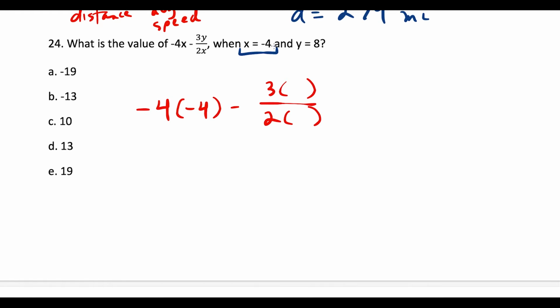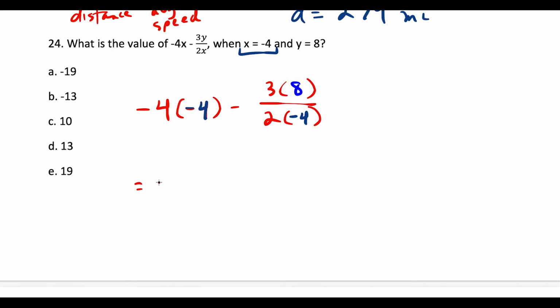We'll say x is this color here. So we have minus 4 for x. And 2 times x on bottom, we're going to replace x again with minus 4. And then the y term we'll replace in blue here with positive 8. So once again, notice I replaced 2 of these x's with negative 4, and the single y term gets replaced with positive 8. And now the rest is that we just have to simplify this.